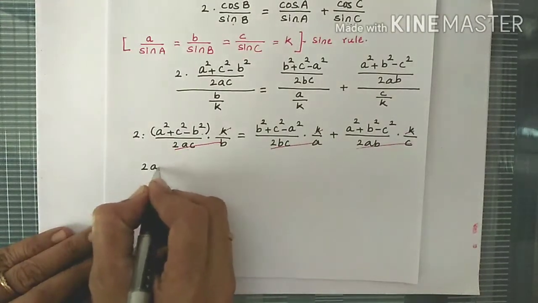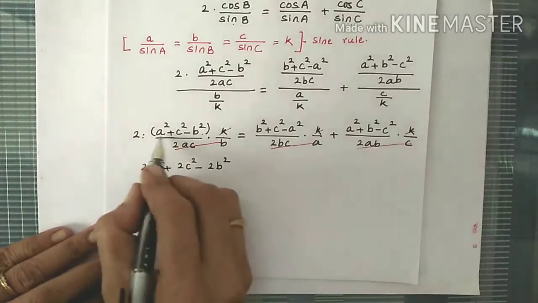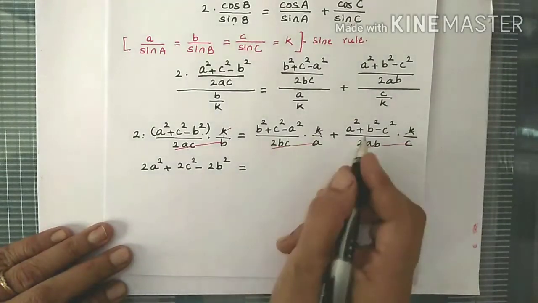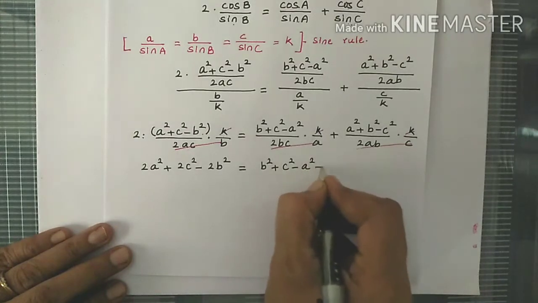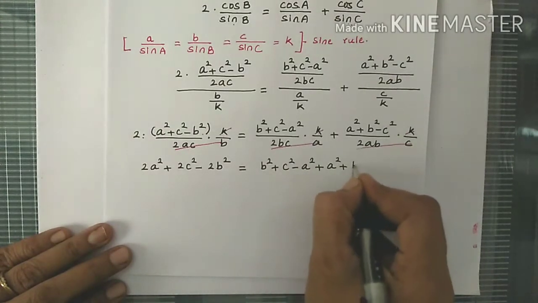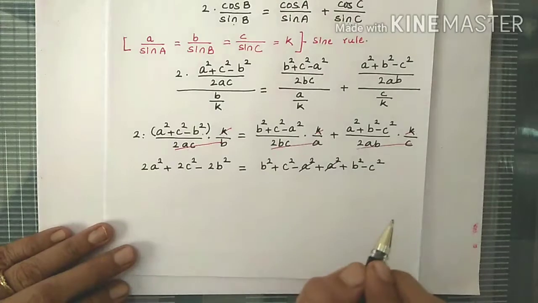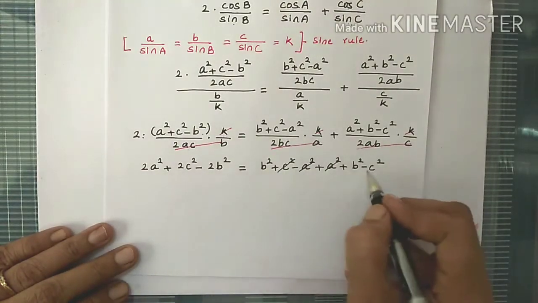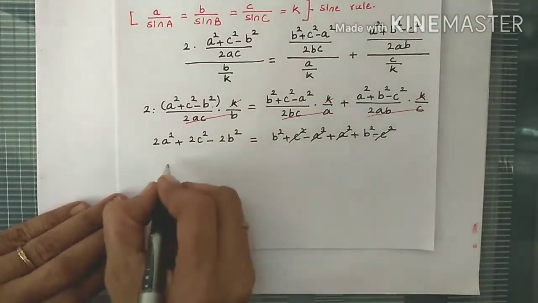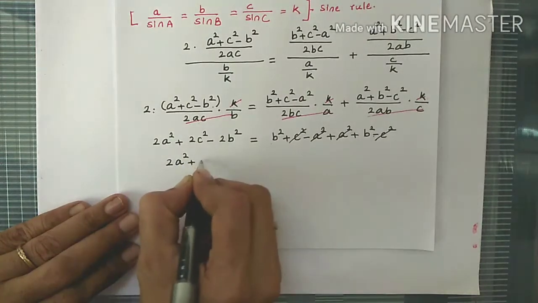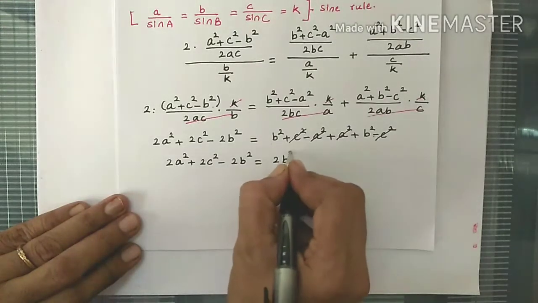So 2a² plus 2c² minus 2b², equal to, adding these numerators, b² plus c² minus a² plus a² plus b² minus c². Here minus a² plus a² get cancelled, as well as c². The remaining terms are only b² plus b², that is 2b². So 2a² plus 2c² minus 2b² equal to 2b².